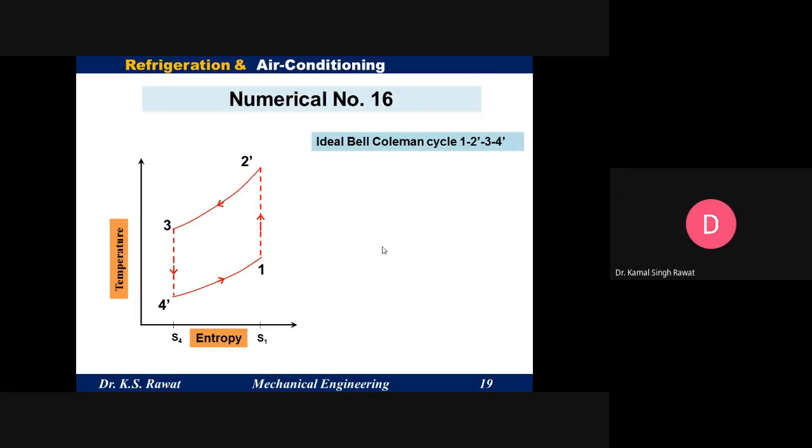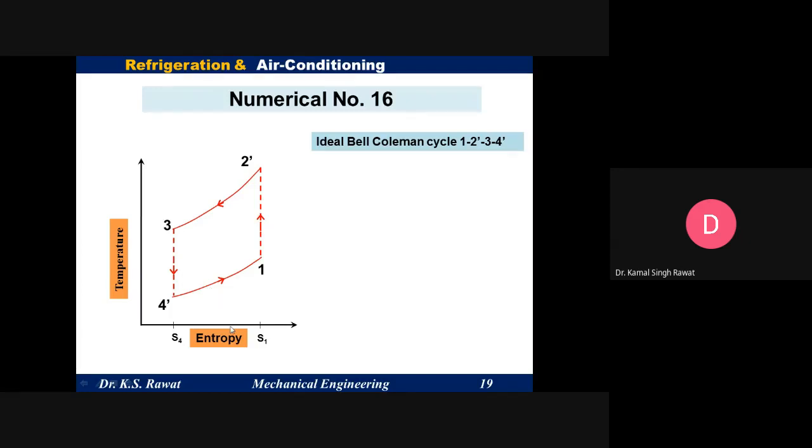Now, the ideal Bell-Coleman cycle is represented like this. 1 to 2 dash is isentropic compression. Since the process is isentropic, the entropy remains constant. Then 2 dash to 3 is isobaric heat rejection, and then 3 to 4 dash is isentropic expansion, so entropy remains constant. Now 4 dash to 1 is isobaric heat absorption or refrigeration effect.